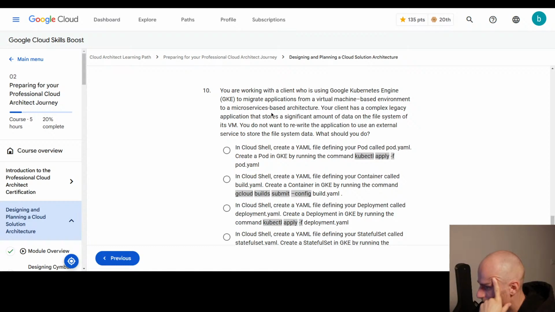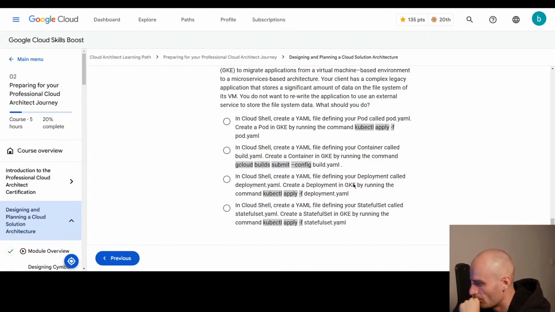Create a pod in GKE, and in the command, create a container in GKE. I imagine that these different types of configurations of clusters imply something about the memory, which I ignore.